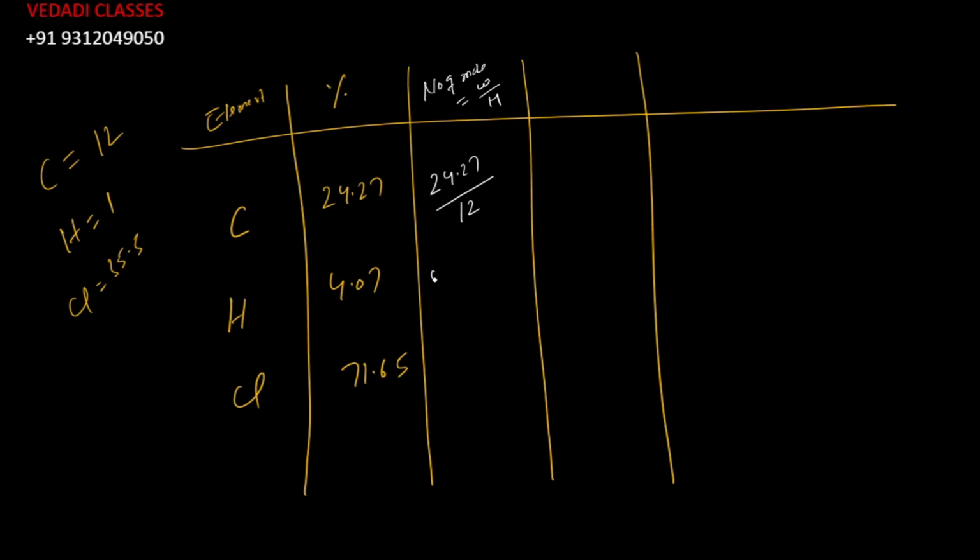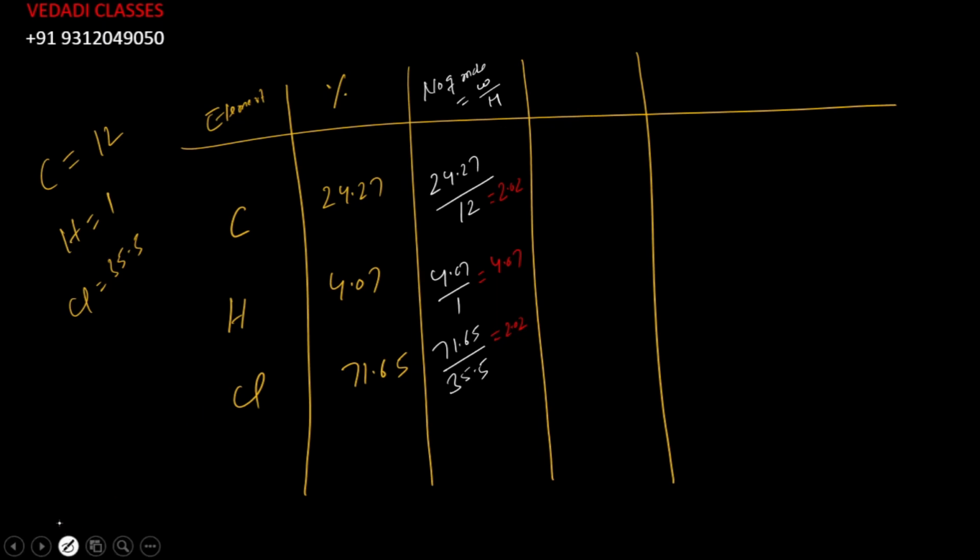Then 4.07 divided by 1, the atomic mass of hydrogen, and for chlorine the atomic mass is 35.5. When you calculate it, it will come 2.02, 4.07, and 2.02.